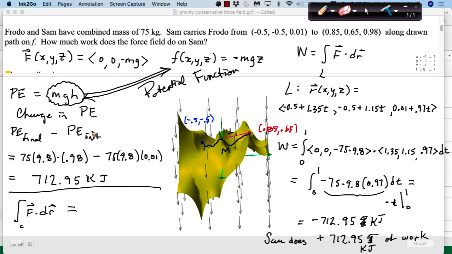So it'd be f final minus f initial. And how does this capital F vector field relate to little f? It's the gradient, right? It's the gradient field for f.